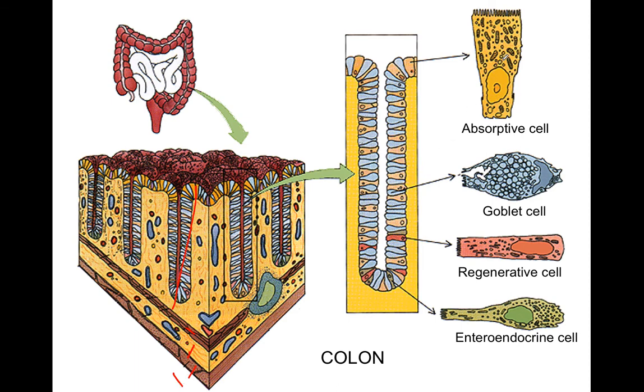Typical cells: we have the absorptive cells, which are simple columnar epithelial cells, the goblet cells, the regenerative cells, and some enteroendocrine cells. And these glands from here to here, we call the intestinal glands.